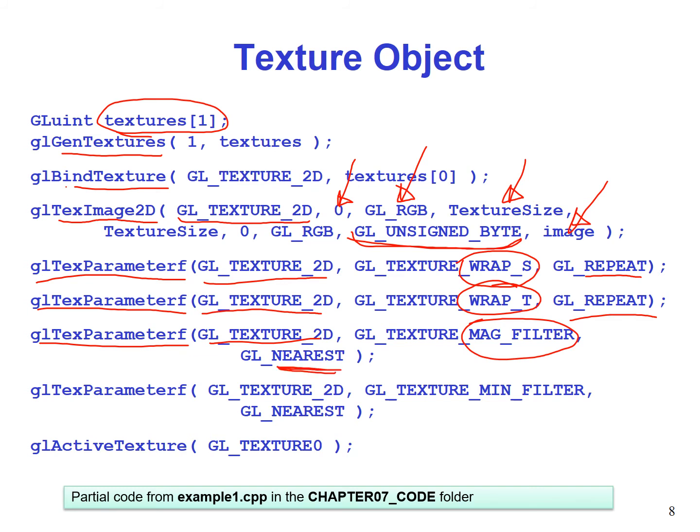Probably we would like to use linear over here so that we get better results, but here we have set it to nearest. We may also specify the minification filter, which is again nearest here. We can use linear again over here, and then we finally activate the texture.